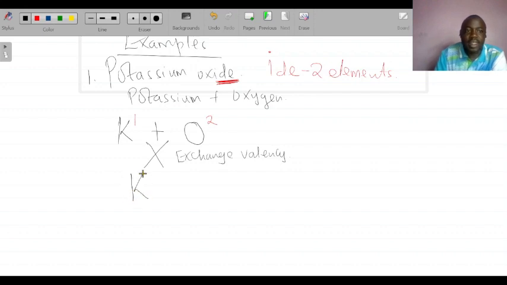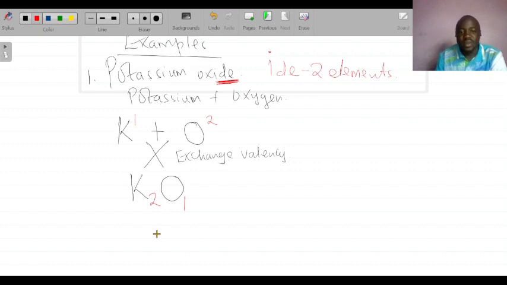At K, we shall now have the 2 that was in oxygen. Where we have our oxygen, we are going to have the 1 that was in potassium. They are simply exchanging the valencies.